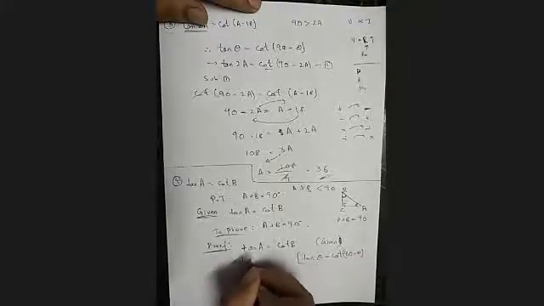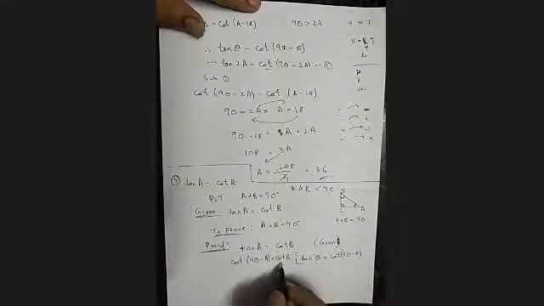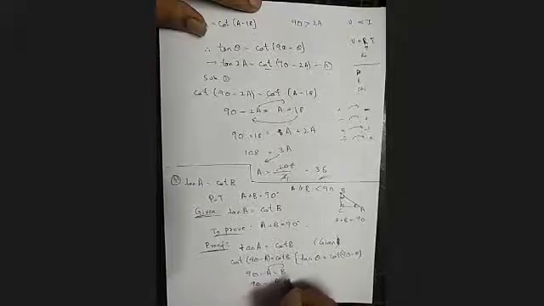So cot 90 minus A is equal to cot B. Now I remove cot from both sides. 90 minus A is equal to B. Send this A to that side. 90 is equal to A plus B. So finally, A plus B is equal to 90. Hence, proved.